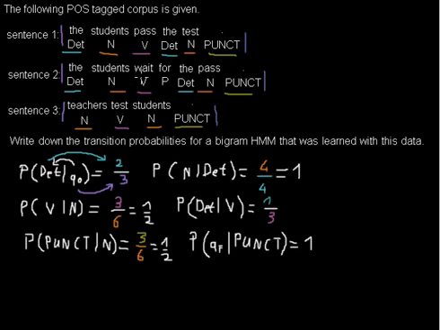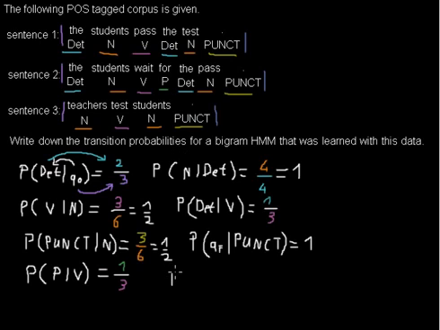This one I already calculated, but this one I didn't calculate yet. So we want to find the probability that we encounter a punct, given that we encountered a verb. The count for a verb is 1, 2, 3. And the punct follows 1 time the verb, so it's 1/3.